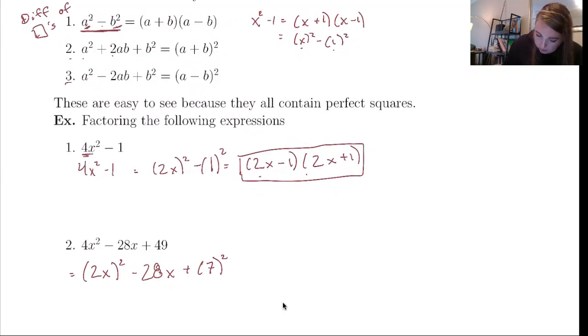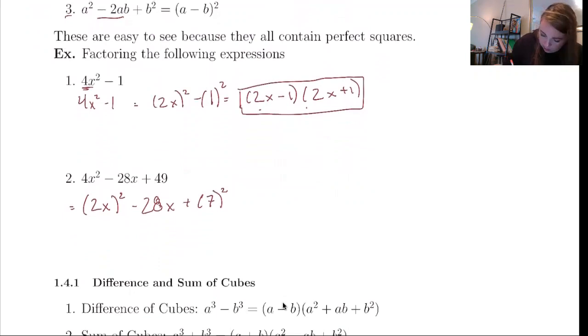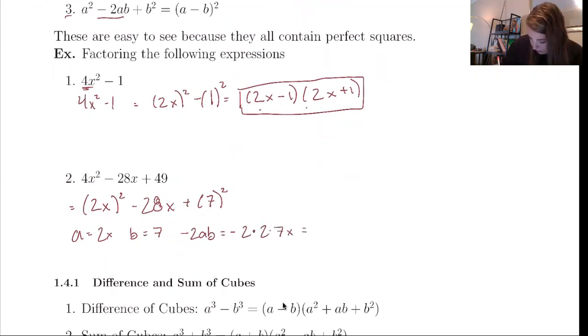So I now need to make sure that I have, most likely since there's a negative here, negative 2ab. So in this case, a would be 2x and b would equal 7. So negative 2ab would be negative 2 times 7x, which would be 14 times 2, which would be negative 28x.